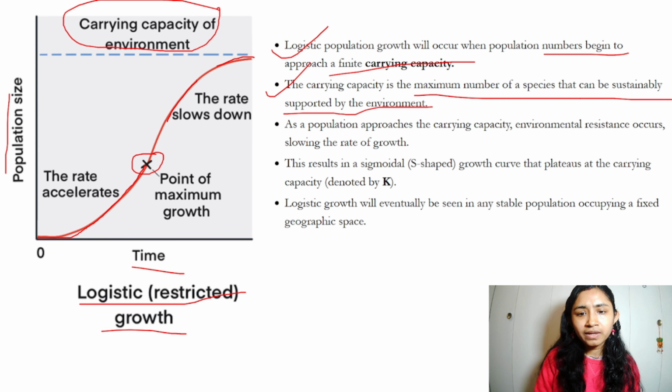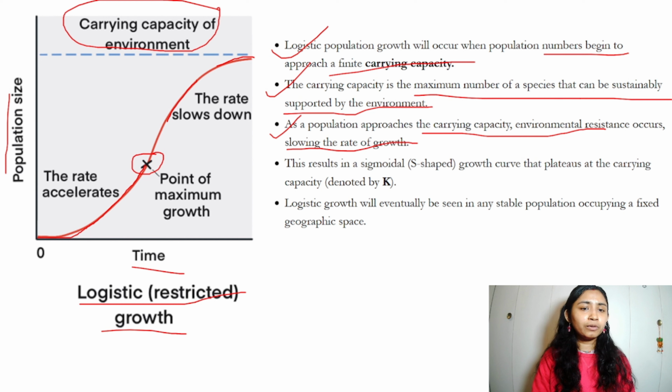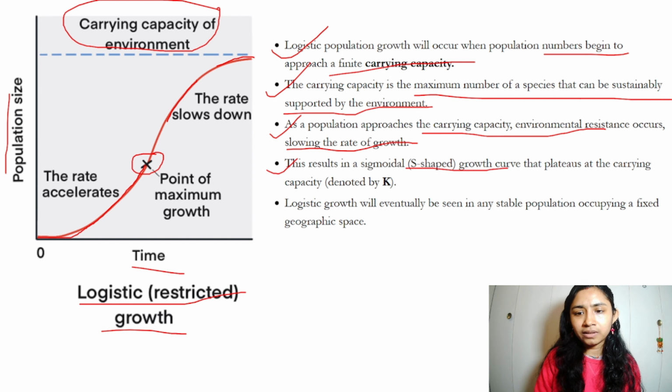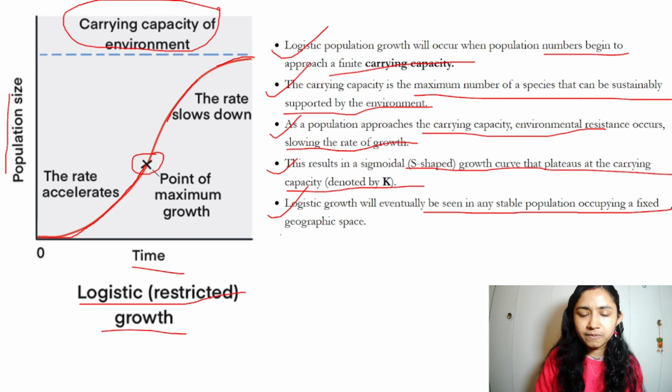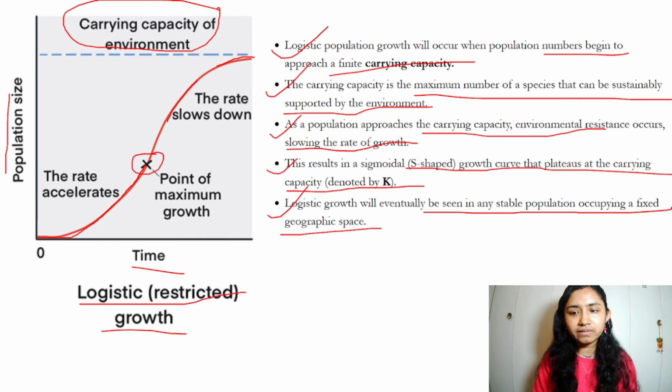I told you, as the population approaches the carrying capacity, environmental resistance occurs, slowing the rate of growth. This results in a sigmoid S-shaped growth curve that plateaus at the carrying capacity, denoted by K. You can see the curve flattens. Logistic growth will eventually be seen in any stable population occupying a fixed geographic space. It's a more realistic form you can see in any environment where there is a stable population.